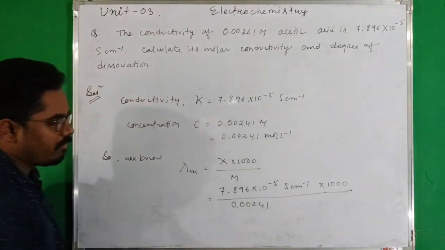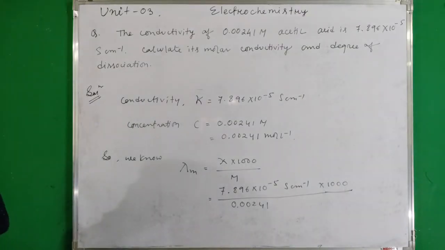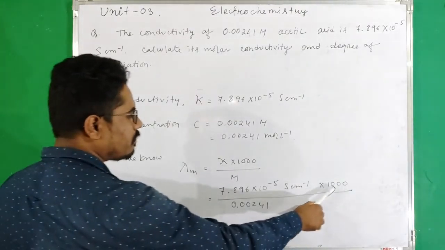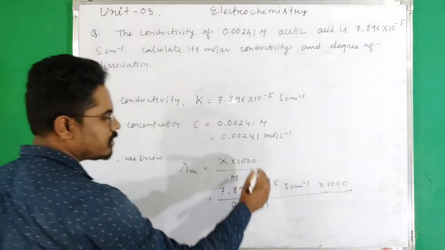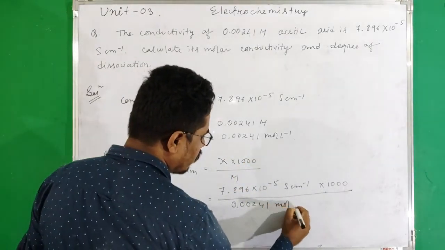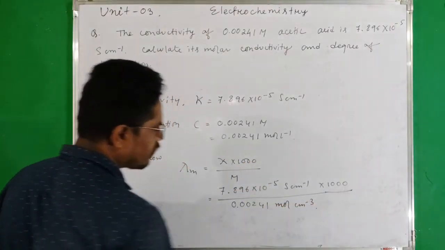And in our last class we discussed that when we multiply by 1000, then the unit will change to mole per centimeter cube.